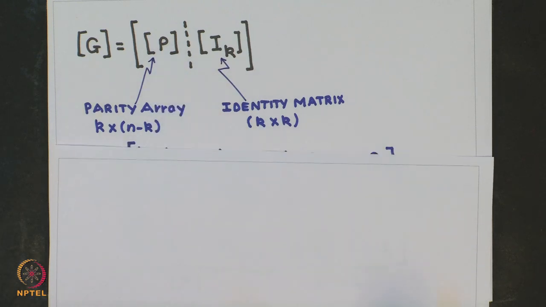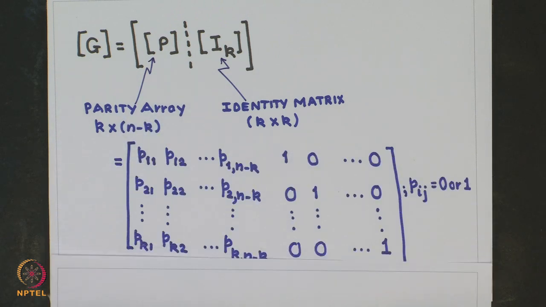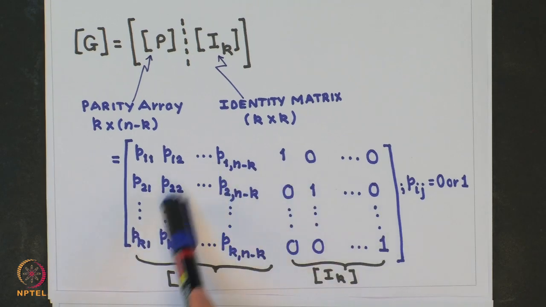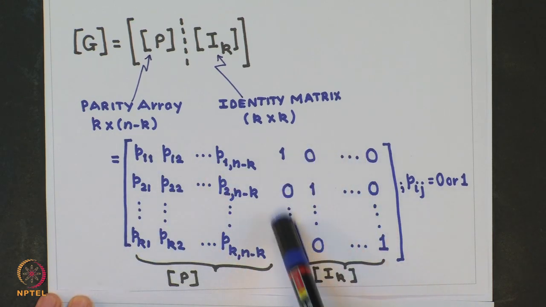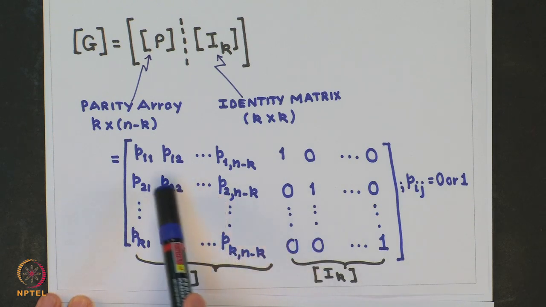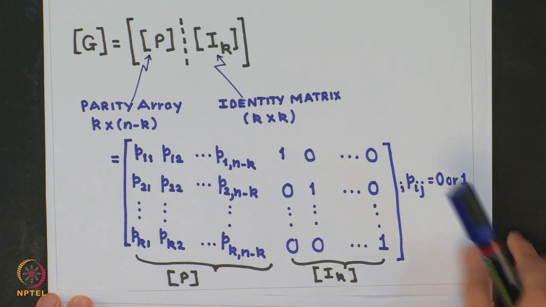And the elements of this generator matrix are given as shown here. So, this corresponds to the parity array and this corresponds to the identity matrix, where the elements Pij are either 0 or 1.